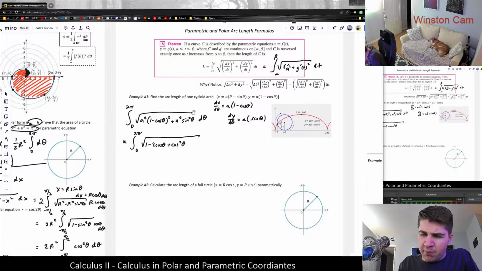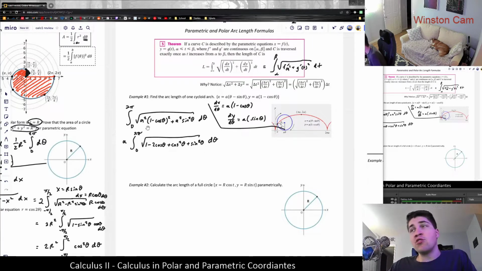And then we also have plus sine squared theta. And we're integrating with respect to theta. And notice this leaves us with an integral which involves a bunch of trigonometric functions within a square root, and it looks quite horrible to begin with. But what's good to know about this is, well, cosine squared theta plus sine squared theta, that actually just makes 1 by Pythagorean identity. So 1 plus 1 is 2.